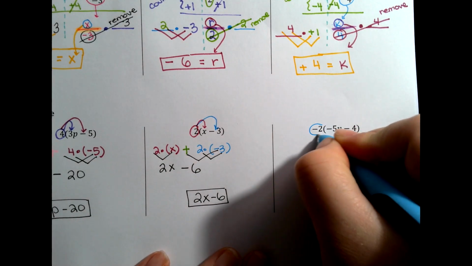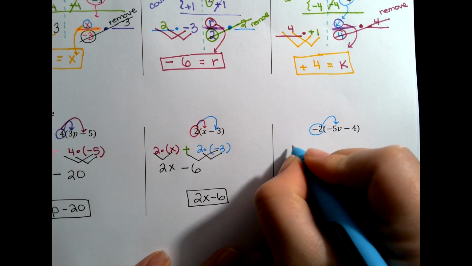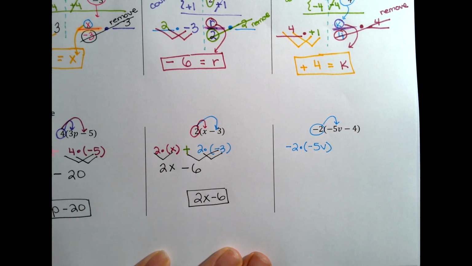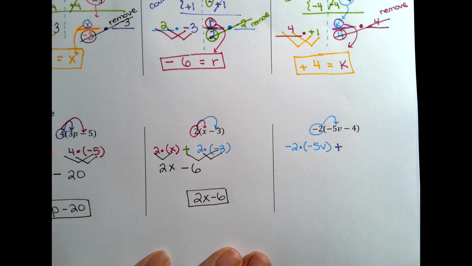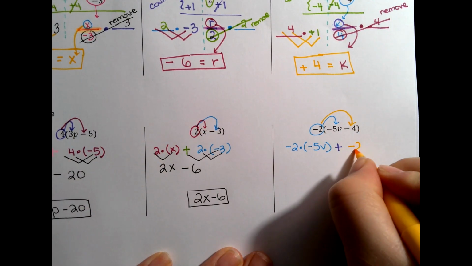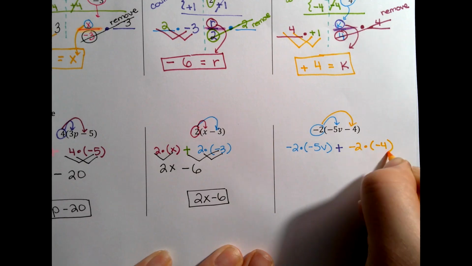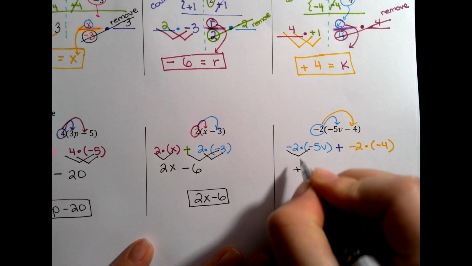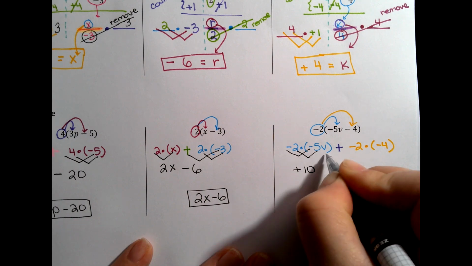Pick up this -2, bring it onto this -5v. -2 times open -5v, close it. And -2 and -4. So -2 times open -4, close it. Same or different? Same. 2 times 5 is 10. Do I have a letter?